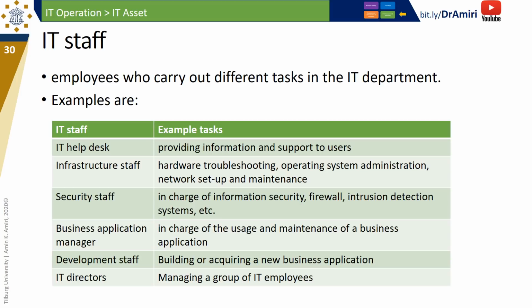Business application managers, who are in charge of one or several business applications in the organization. For example, we have a manager for Canvas, another manager for Osiris, and development staff who build or acquire new business applications, and also IT directors who manage a group of IT employees.